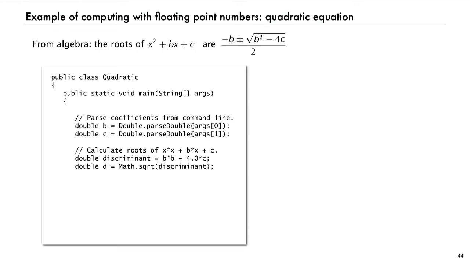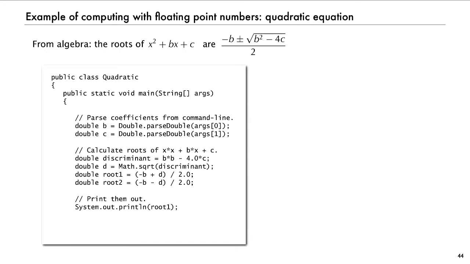Then we take the square root, that's d, and then there's two roots, minus b plus the discriminant over 2 and minus b minus the discriminant over 2, and then we write them out. And these things are double, but again, if you're writing it out, Java automatically converts it to a string.